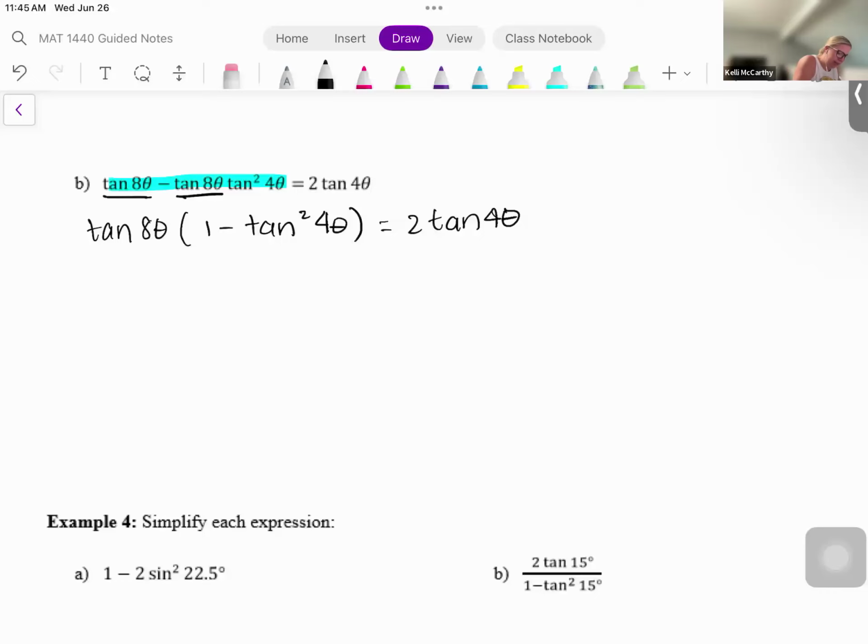Looking at tangent 8 theta, 8 theta is just 2 times 4 theta.